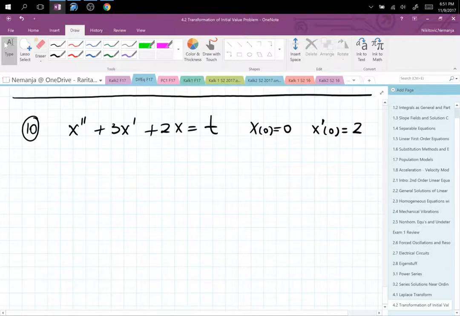Come on, use the Laplace. Start writing. Don't sit there like a bump on a log.